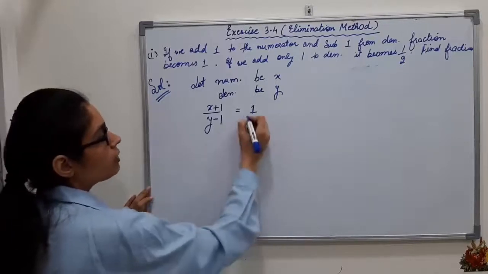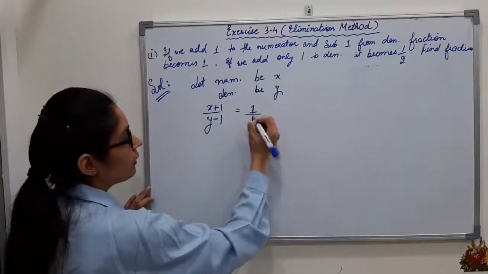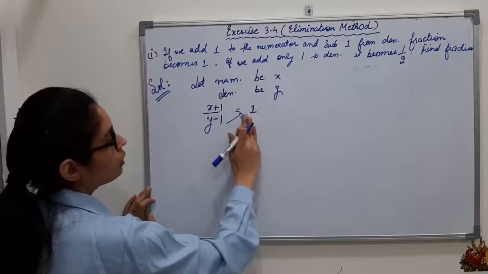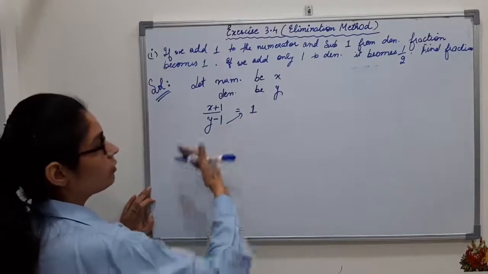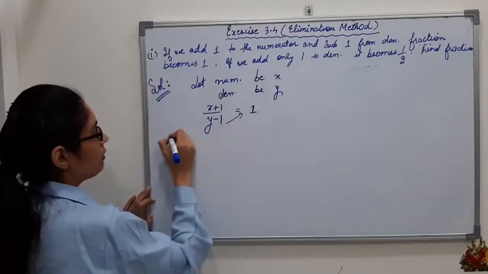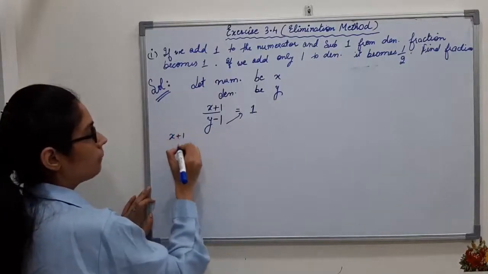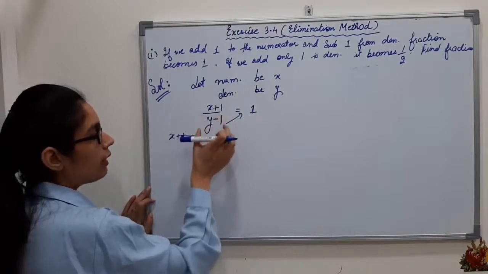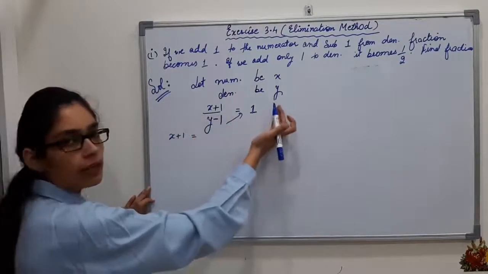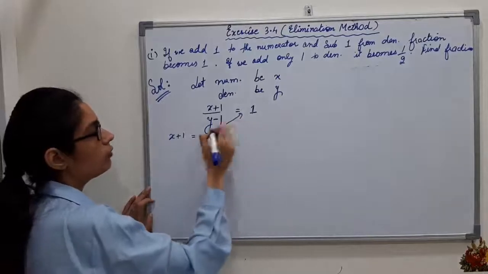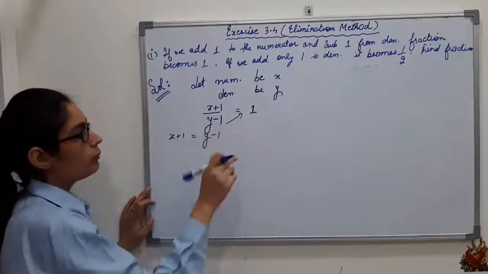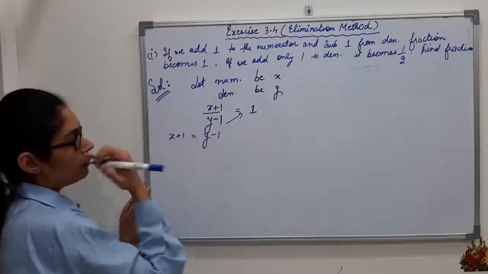We got the equation, but we have to simplify it. Simplify means we can just cross multiply it, or shift this thing to the other side. So I will get x plus 1 equals y minus 1, which is getting divided on this side. On shifting to the other side, it will get multiplied with 1. Whichever thing gets multiplied with 1 will remain the same, so it will be y minus 1.